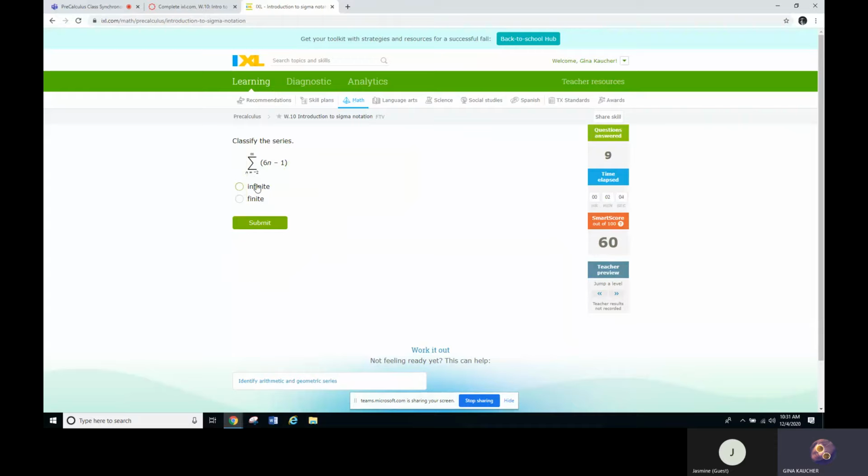This is infinite. 9 to 26 is finite. How many terms? Let's see. 26 minus 9 would be 17, so that'd be 18, including the 9. We found the difference, but you want to include the beginning 9 and the ending 26, so it's actually 18.